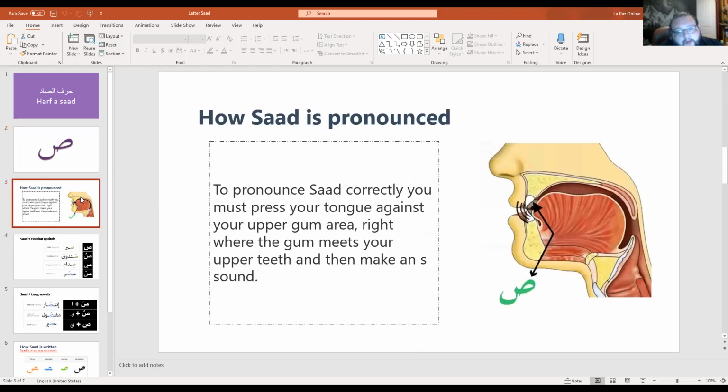Okay, so how do we pronounce the sad? It's as if you are pronouncing a sin, but push the air up. So not an S, it's an S. Only push the tongue up. The first part of the tongue should be pushing up, and some air should also be going through your throat.